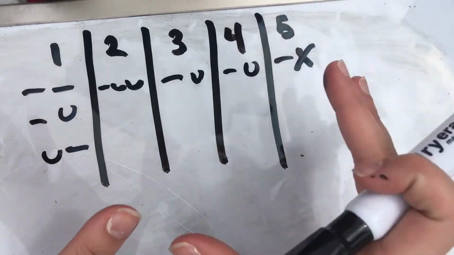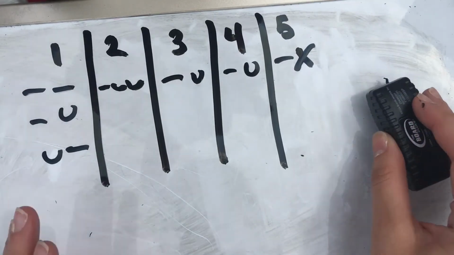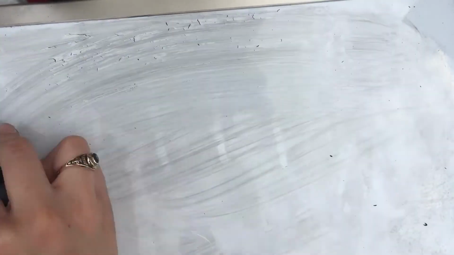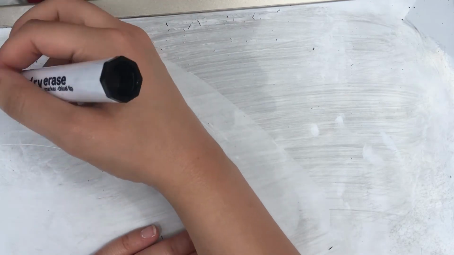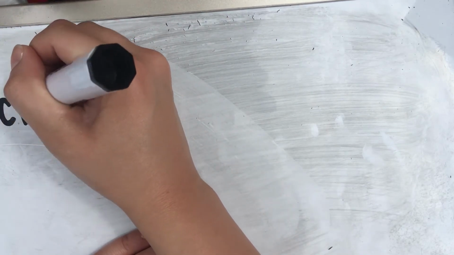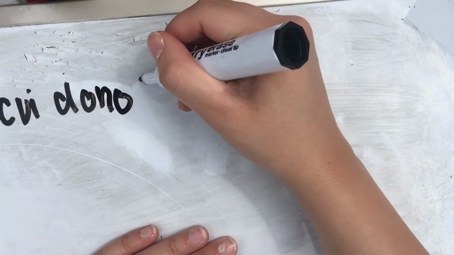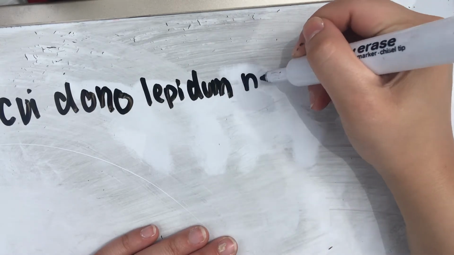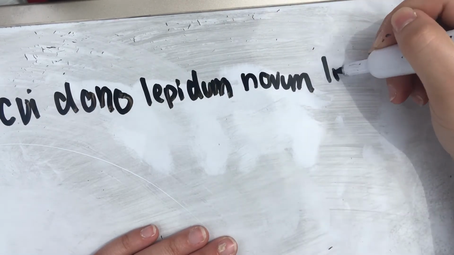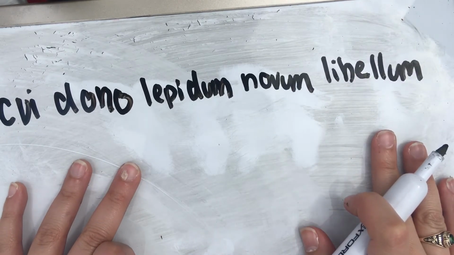That might be confusing, like what do all these symbols mean, but I'll give you an example sentence and show you in practice. Catullus 1, which is the first poem we'll be looking at, is "Qui dono lepidum novum libellum."